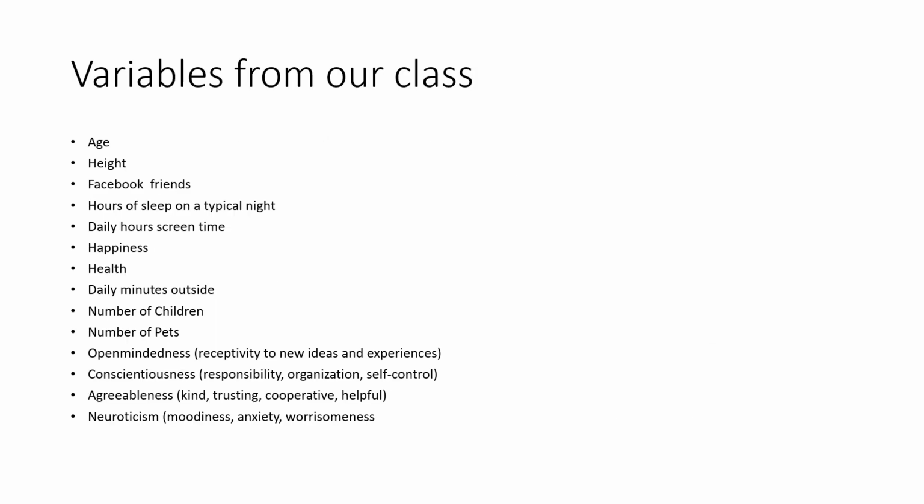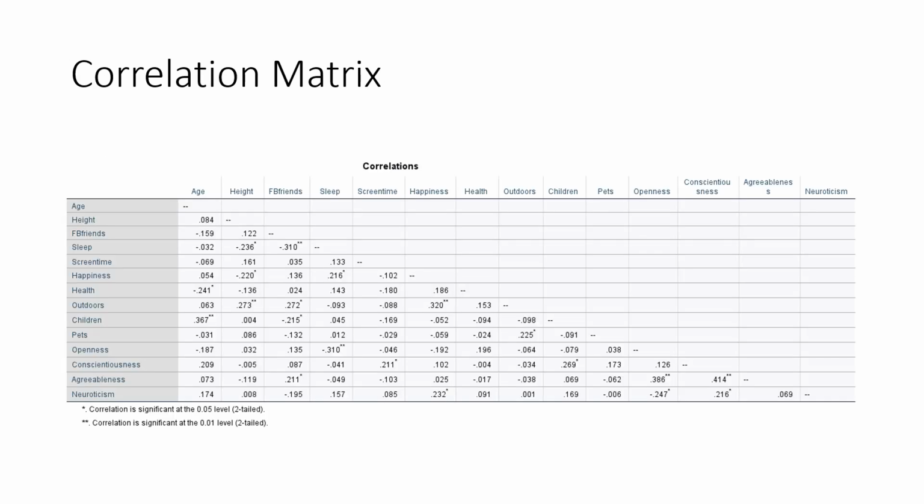One more set here. You can see in our class, we have a list of variables, age, height, Facebook friends, and so forth. These are all the variables that students in our class gathered from people they knew. I don't know if you can predict any positive or negative relationships here, but I thought I would just show you what the correlation matrix looks like at one point in time.